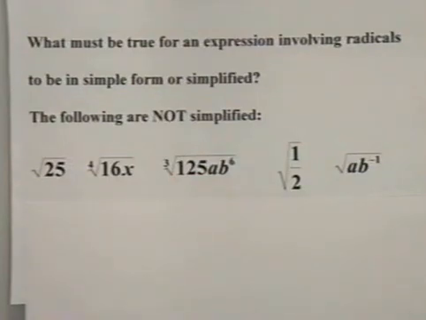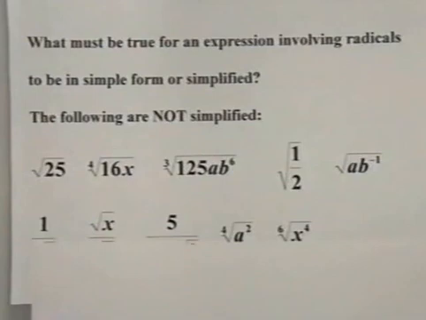So we wouldn't want to leave the 4th root of 16x like that. Same is true for the cube root of 125ab to the 6th. Likewise, the square root of 1/2 is not a nice way to leave a radical. Or the square root of ab to the -1.